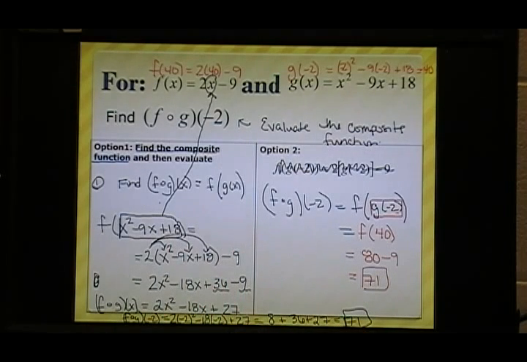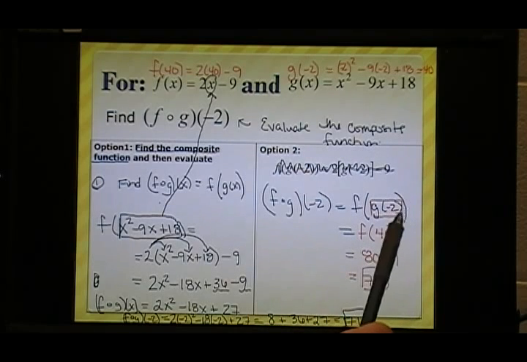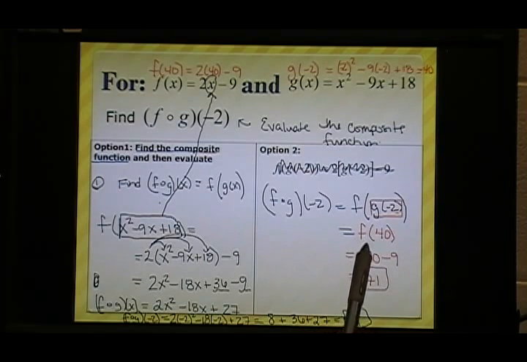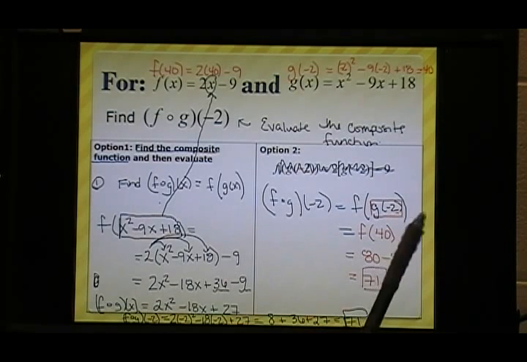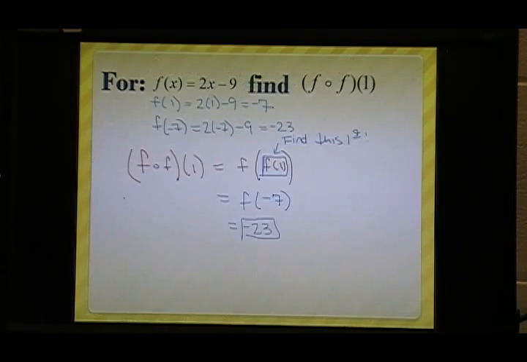So, when we're looking at the domain of composite functions, we have to ensure that anything I put into g will give me an output that is okay to put into f. Remember, in terms of domain, we have to limit any inputs that give us output values that are not real numbers.